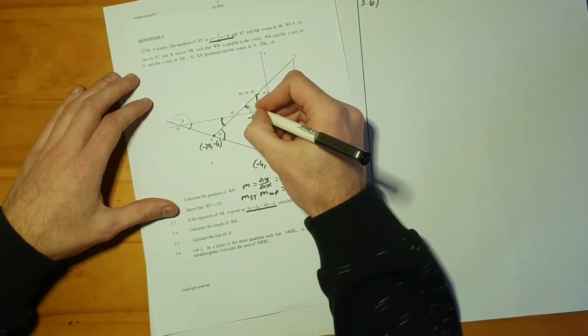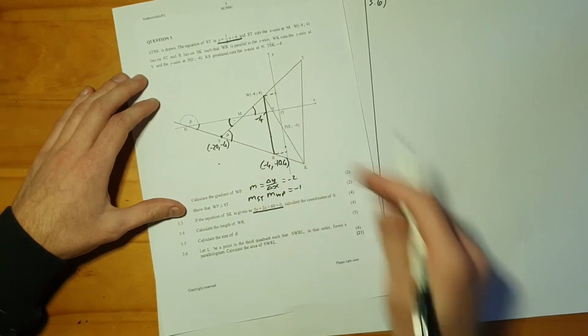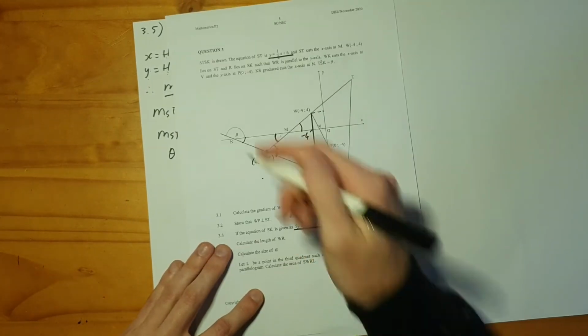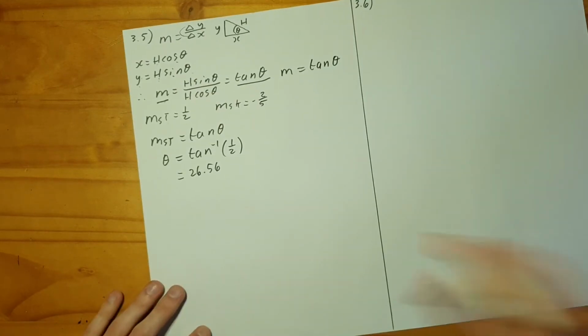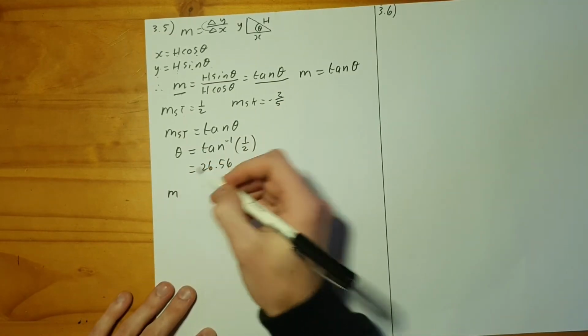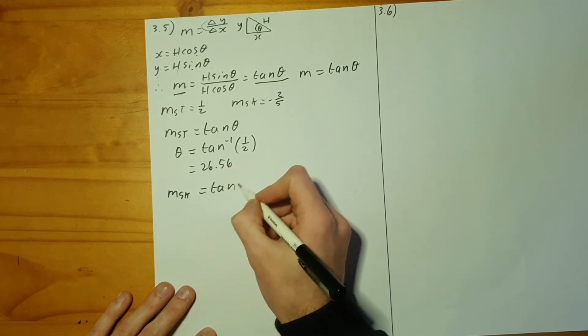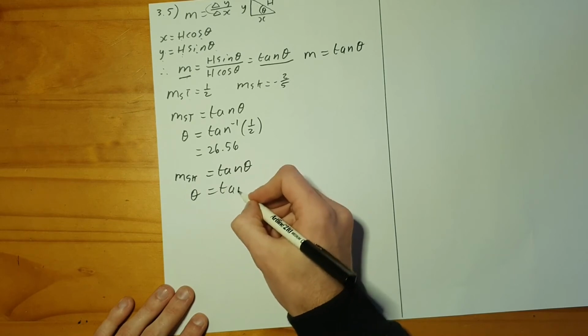Why? Because even though we've calculated this angle over here, angles opposite each other are equal. Now we're going to find this value over here. So we're going to use m of SK equals tan theta. Once again, theta equals the inverse of tan.